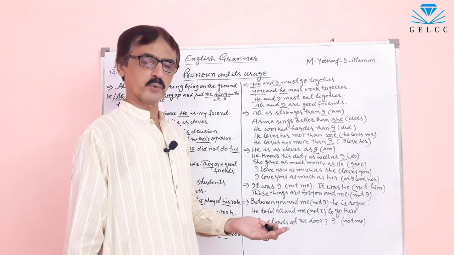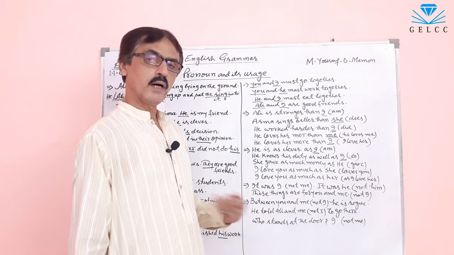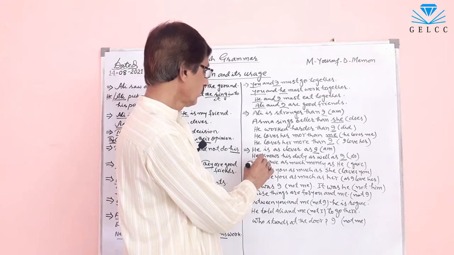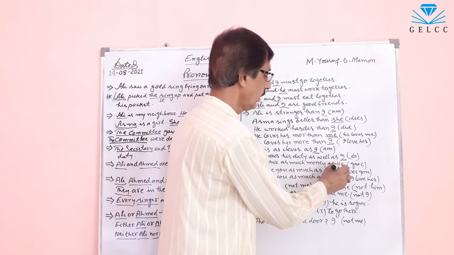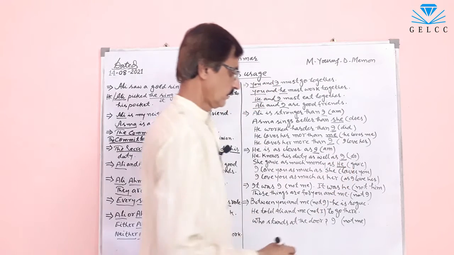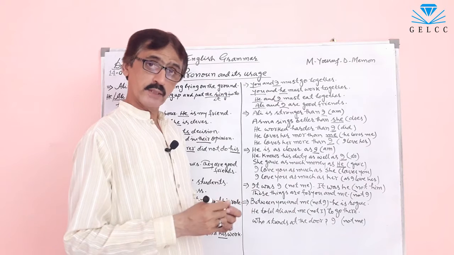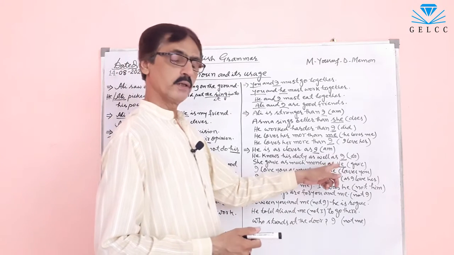He knows his duty as well as I know my duty, I do. She gave as much money as he. She gave money, he gave money. She gave as much money as he gave. So we will use he, not me.